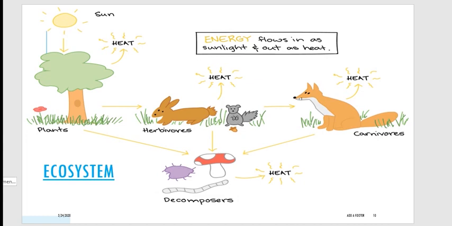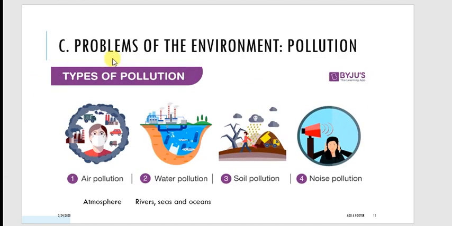All right, so here we have our last title: Problems of the Environment. And I chose one of the most common, most known, and actually most important problems of the environment. So here's a list of four of the most important types of pollution. We have air pollution or atmosphere pollution.